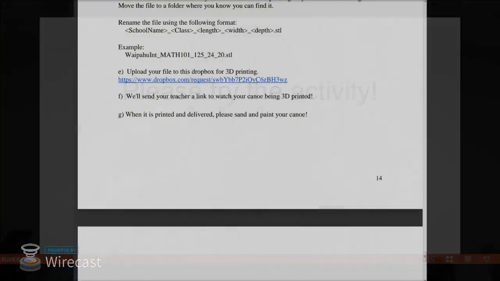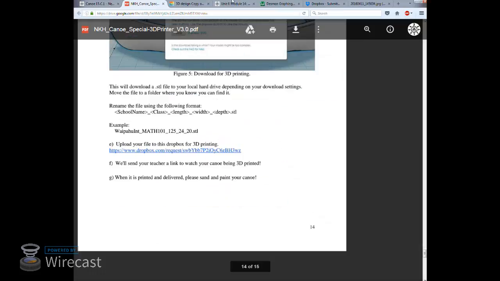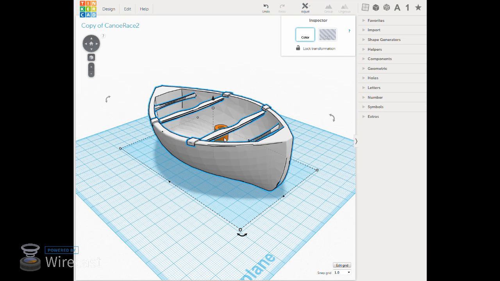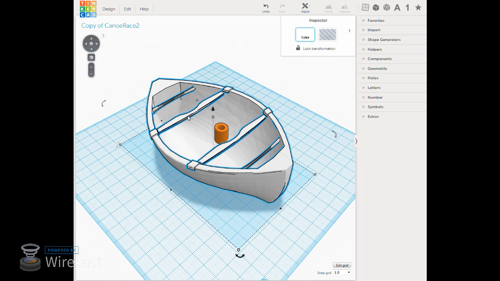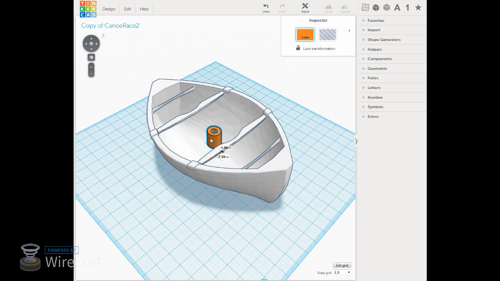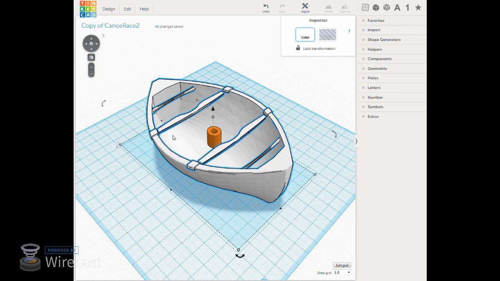And then it's supposed to be another part to this activity, but we kind of took it out. So let me show you what that is. If you look at the canoe model, there's this little cylinder thing right in the middle. And what this is for is actually to hold a sail.